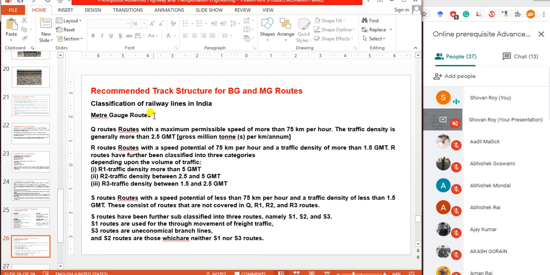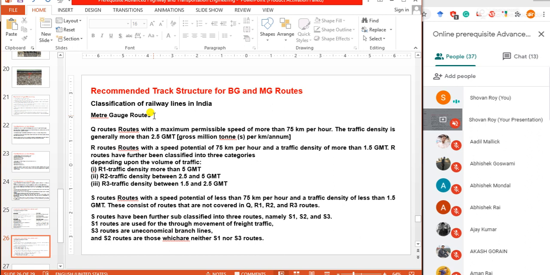Traffic density is generally more than 2.5 GMT, gross million tonnes per kilometre per annum. R routes are routes with a speed potential of 75 km per hour and a traffic density of more than 1.5 GMT, gross million tonnes per kilometre per annum.